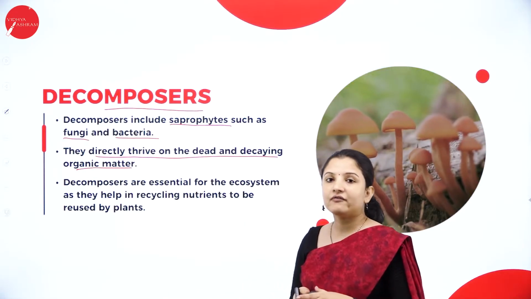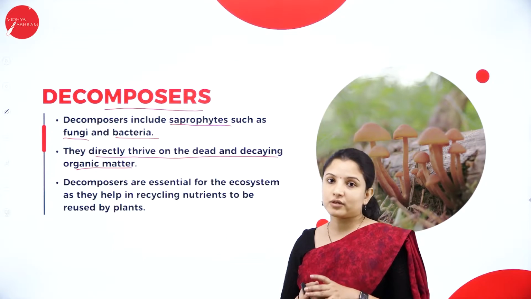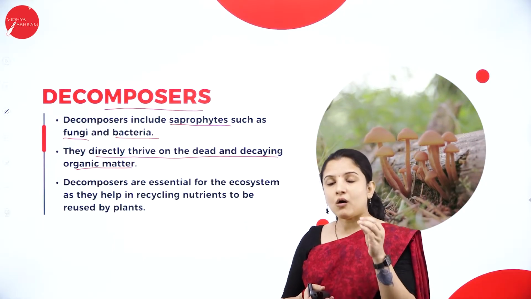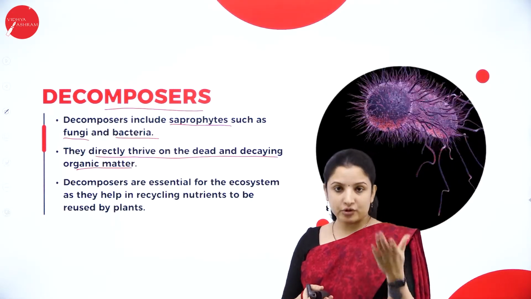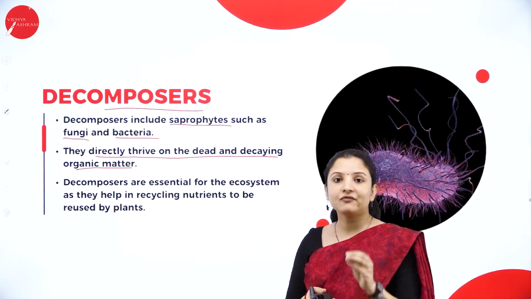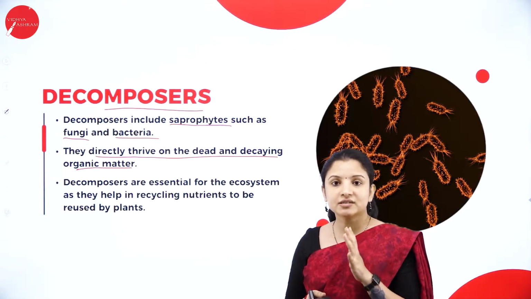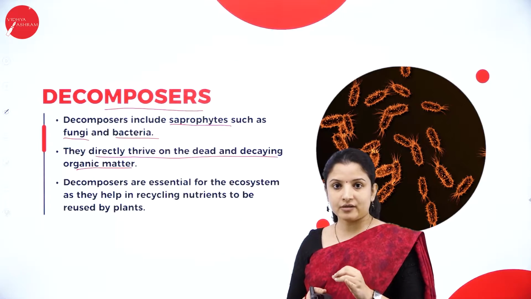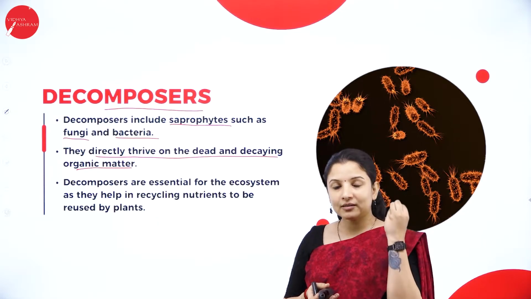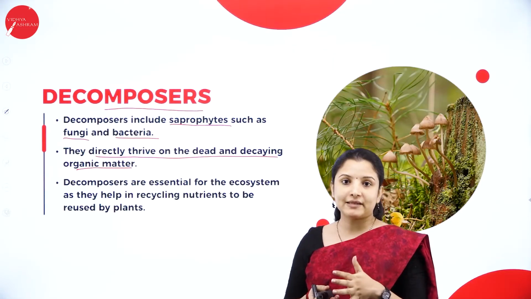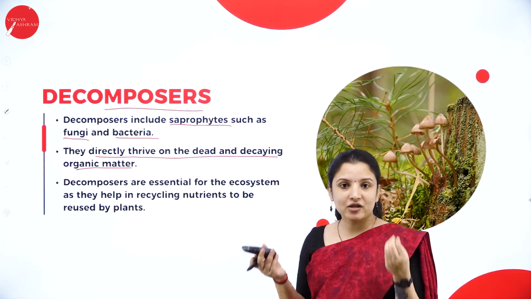And decomposers are very, very essential for the balancing of an ecosystem. Otherwise, what would have happened? Say, for example, every organism, be it we human beings, animals, the green plants, the producers, the consumers, each and every living organism or biotic component in this world tends to die after a certain period once their lifespan comes to an end, right? So when they die, imagine if these decomposers were not there, this planet would be filled with dead animals, dead birds, dead insects, dead humans, right?